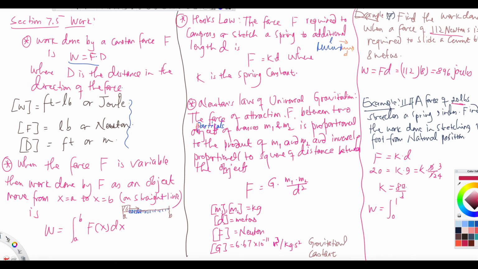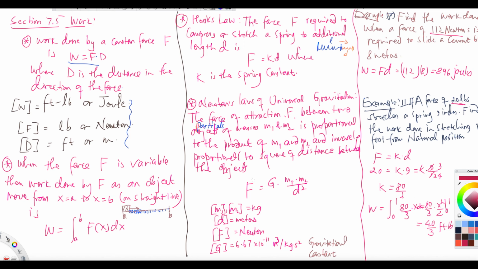The integral of 80 over 3 times x, where the distance is x, because you are finding the total work done when you move to the 1 foot position. So when you do that, you get 80 over 3 times x squared over 2, from 0 to 1. So what do you get? You get 40 over 3 foot-pounds.